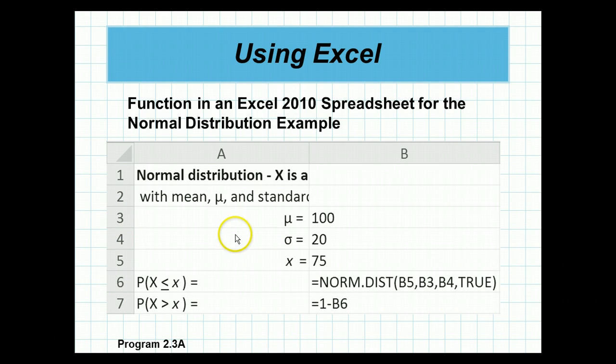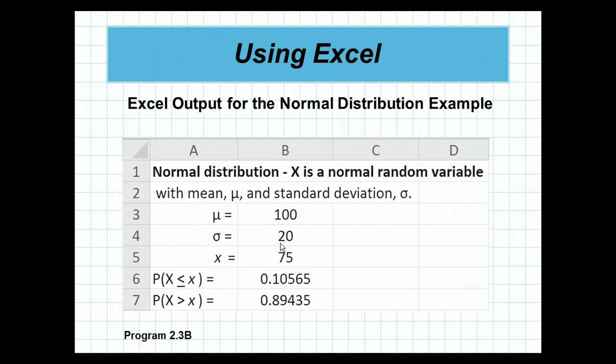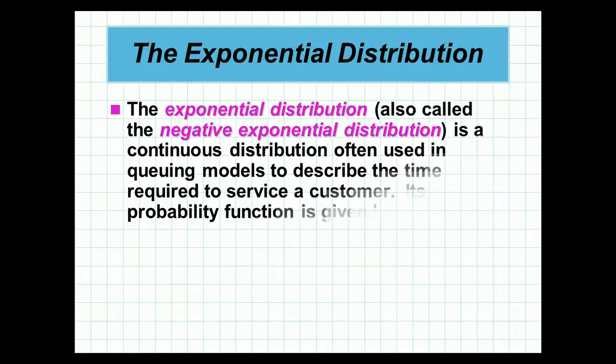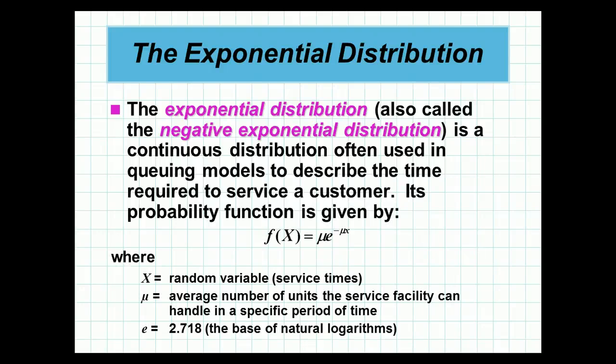That's how you're going to use the normal distribution. You've got an example in your textbook and in the PowerPoint slides that you can review, and it's also going to be in the actual homework. It's an exact problem using normal distribution.